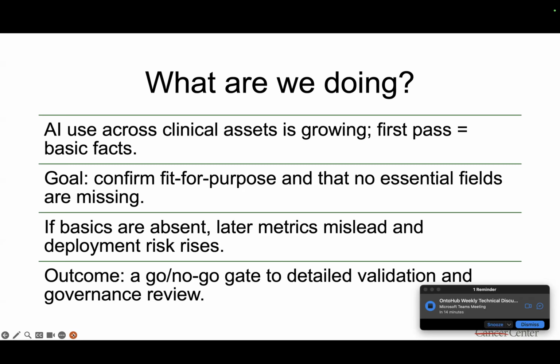If the basics are absent, then this can have repercussions on how the model is used in the clinical setting, and it becomes a risk for a patient. That is also important for governance, validation, and review.